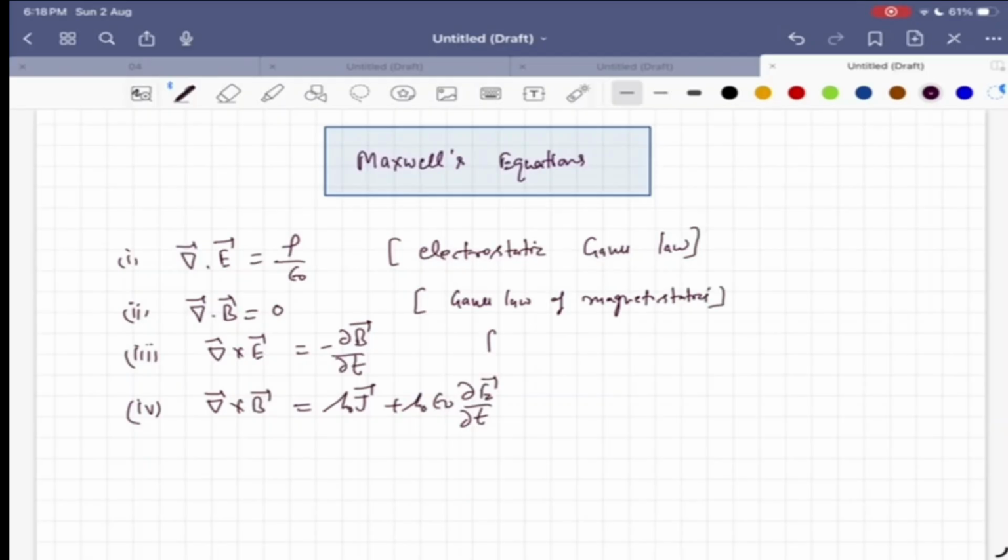And the third one is nothing but your Faraday's law. The change in magnetic field creates electric field, and the last one is nothing but Maxwell's modified Ampère-Circuital law.